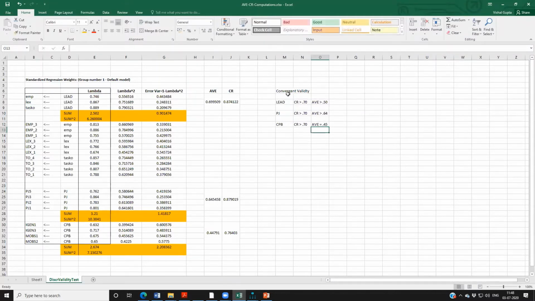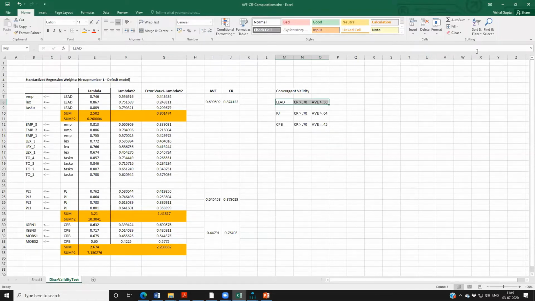So it is not greater than 0.50, but it is okay at around 0.45. And more importantly, because CPB is not the construct for which we are developing the scale, we are more interested in the scale which we had developed, which is AVE greater than 0.50.